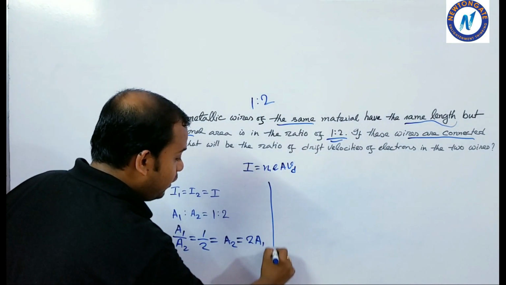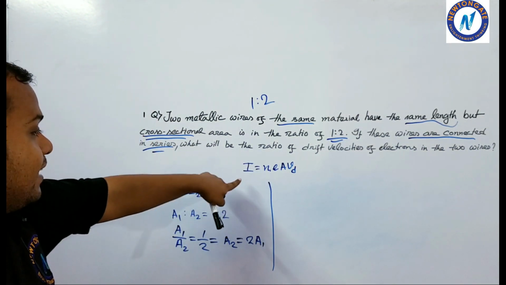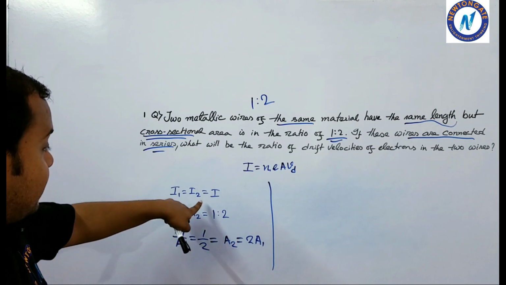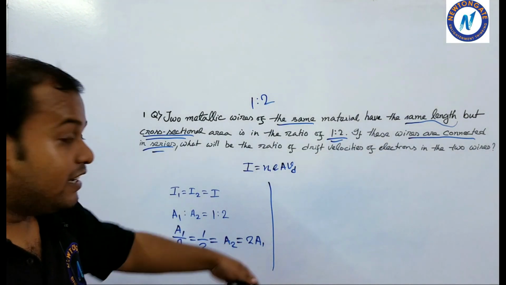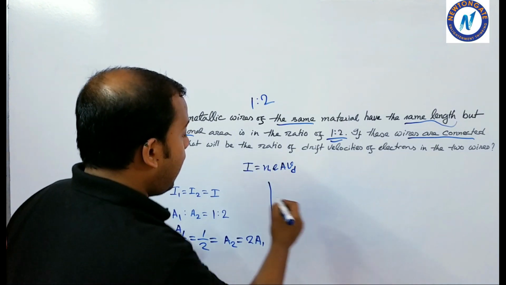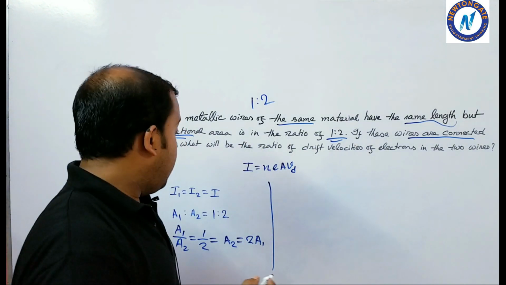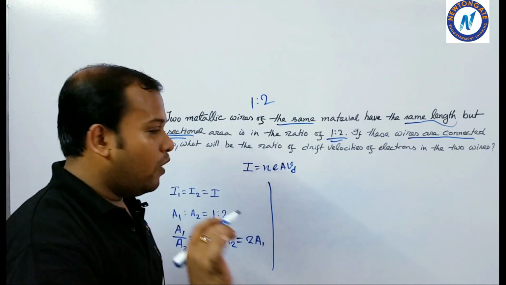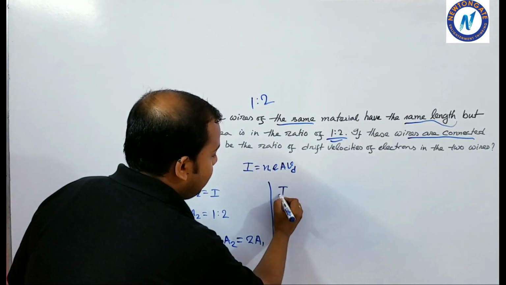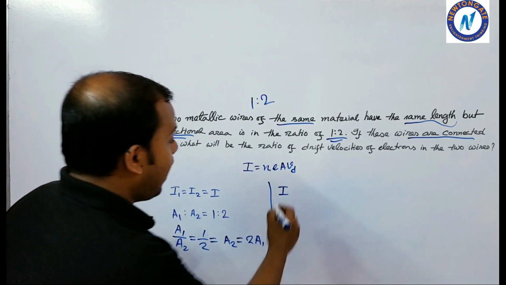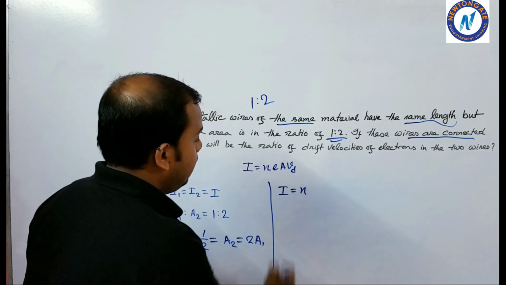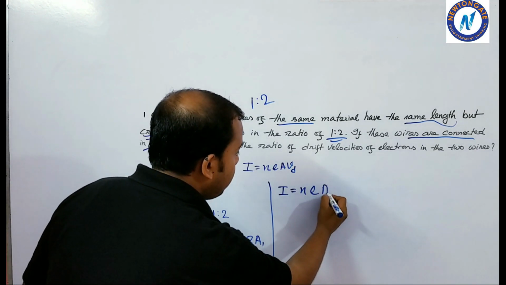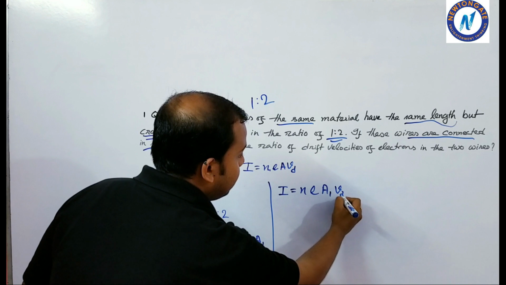Now we are going to write the current equation in terms of I and the cross-sectional area. For the time being, I am writing two current equations. Since both the currents are equal, I am considering both to be I itself. For the first wire, I is N into E into A1 into VD1.